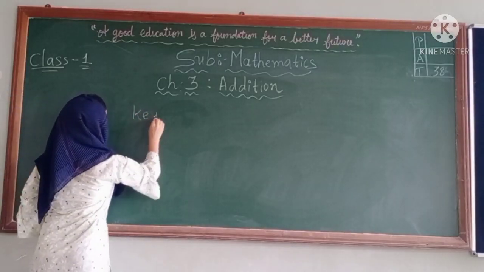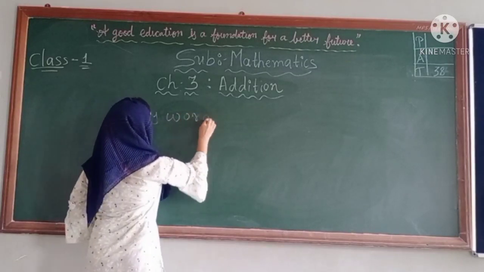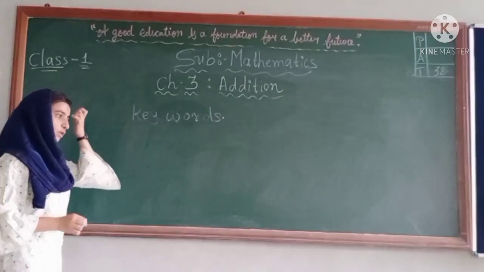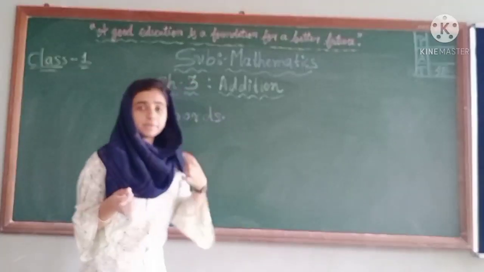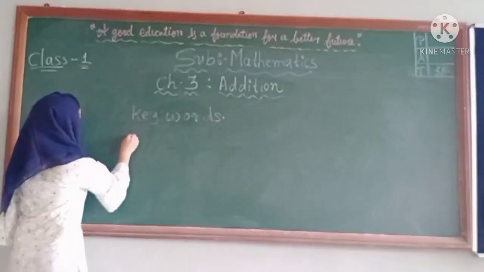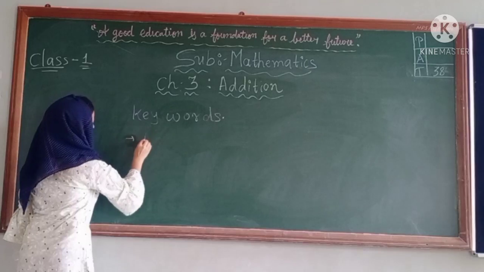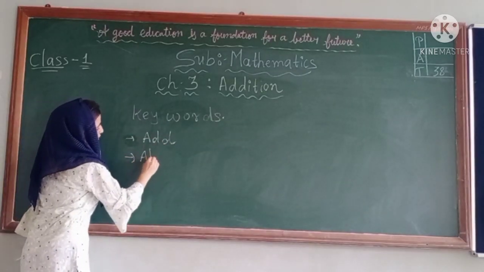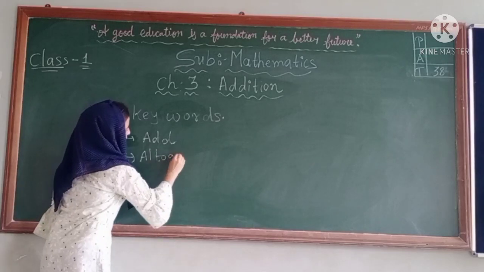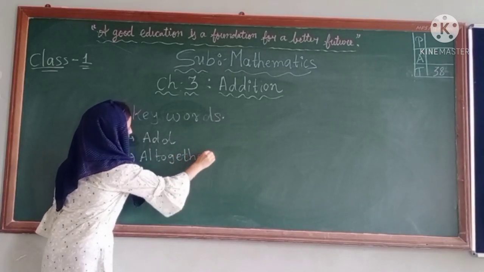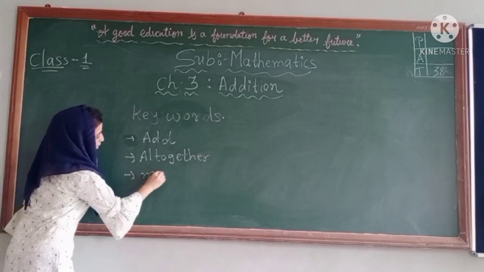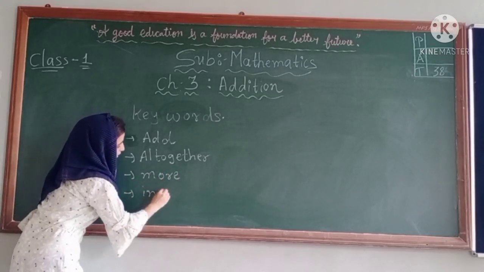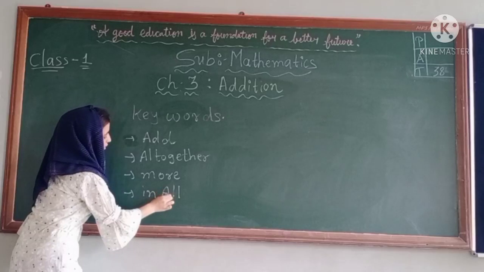सो स्टूडेंट्स नाउ एडिशन के रिगार्डिंग हियर आई एम शोइंग यू सम कीवर्ड्स। कीवर्ड्स यानी अगर आप नंबर स्टोरी स्टार्ट करोगे तो कैसे पता चलेगी कि एडिशन करना है, राइट। सो फर्स्ट थिंग व्हिच वन इज योर add, all together, then more, in all.